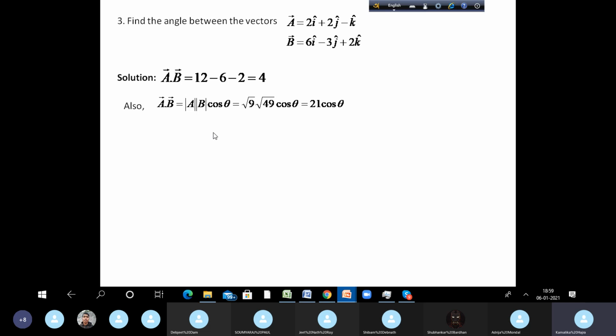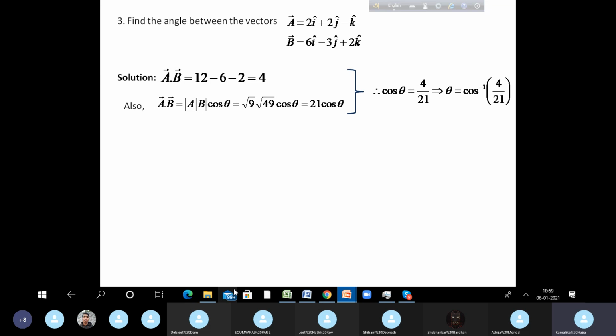But both are A dot B, so you equate the two results, 4 equal to 21 cos theta, so that theta is cos inverse of 4 by 21. And I did not bother to find out what cos inverse 4 by 21 is. You can use your calculators to do that.